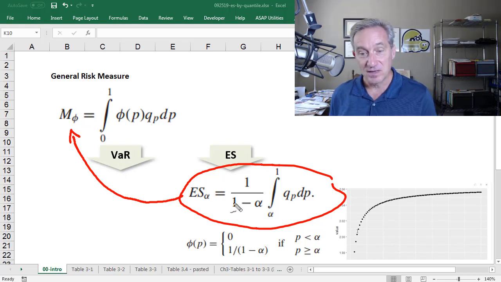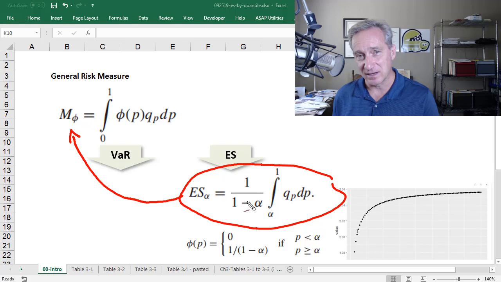Then I'll replicate Dowd's illustrations for how we approximate this expected shortfall by selecting a number of slices in our tail distribution.